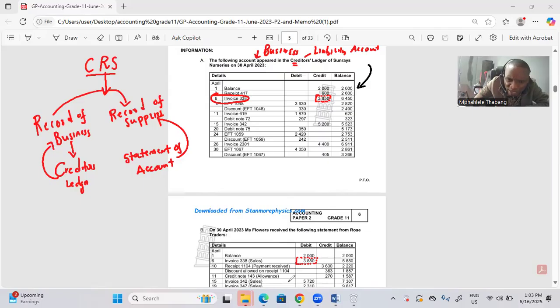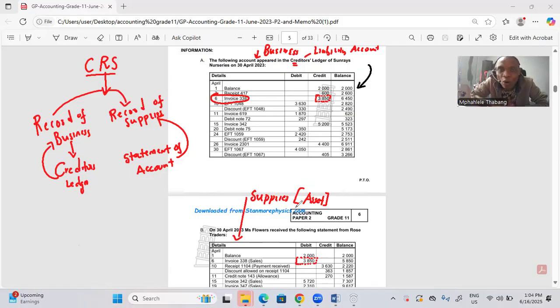Now, from the supplier's point of view, this is an asset account. This statement is an asset to the supplier because it tells the supplier how much we owe to them.